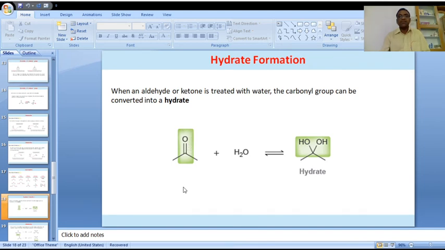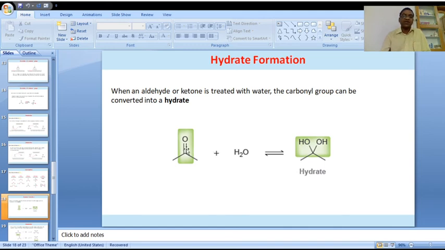It may be an aldehydic functional group or ketonic function. The carbonyl functional group, CO, on reaction with water, whether aldehyde or ketone, is converted into a hydrate with two hydroxy groups.